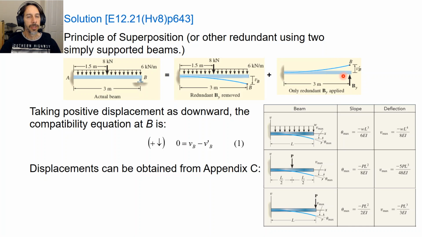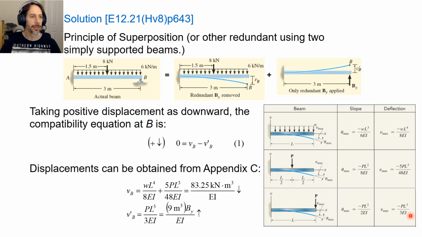And then for the redundant support reaction force, it's just a cantilever beam with a force at the end. So that's just PL cubed upon 3EI. We can make use of that. We put that here, put in the numbers, and we can calculate that deflection.